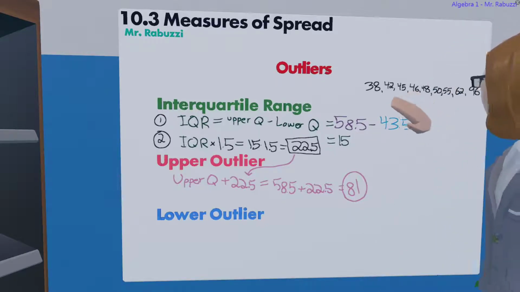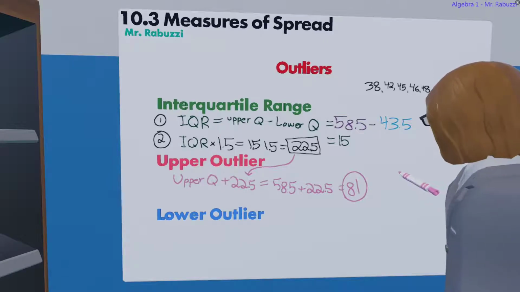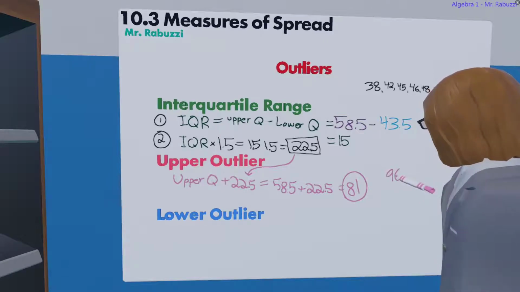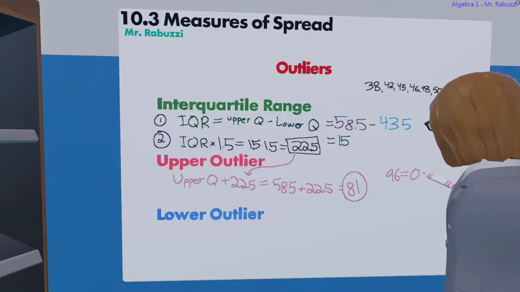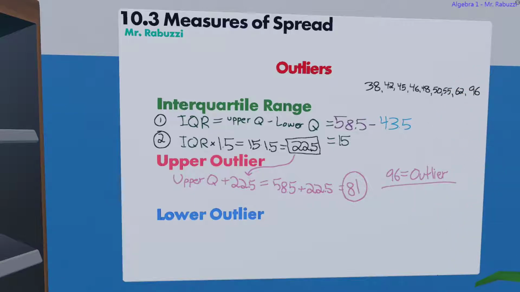We go back to our data and we say, is there any number here that is bigger than 81? Yes. So 96 is an outlier. Numbers bigger than the upper outlier number are outliers.